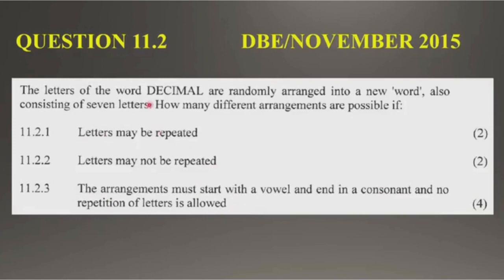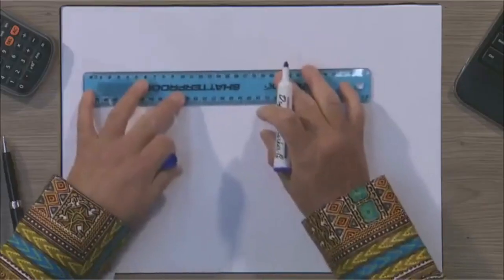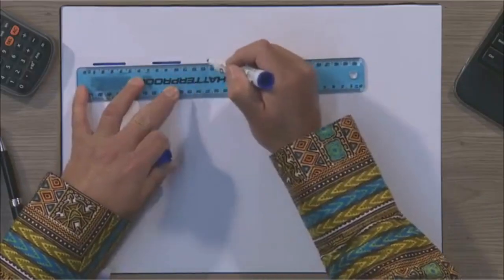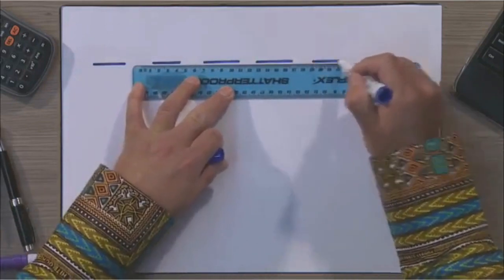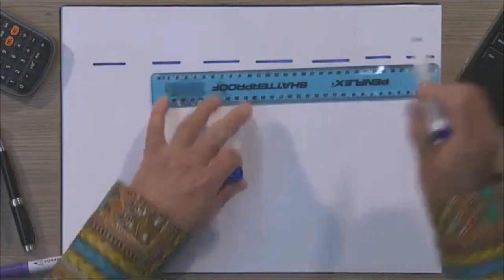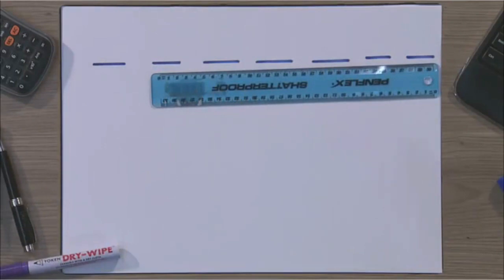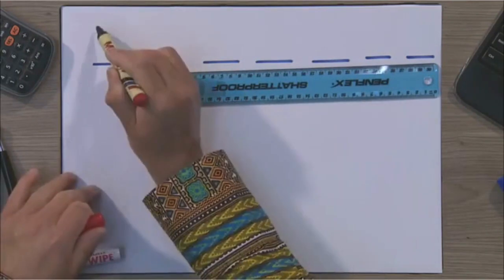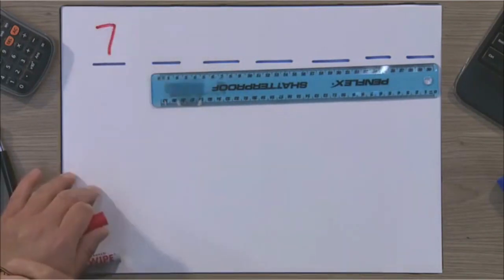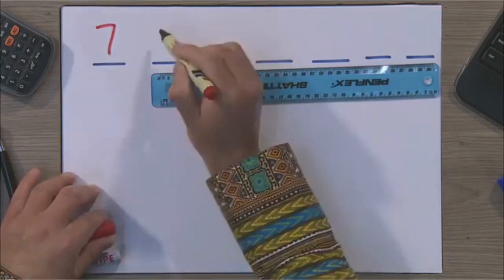The letters may be repeated. Notice the word decimal has 1, 2, 3, 4, 5, 6, 7, right? So there are 7 spaces. We just have to do it on this paper here. Now, they can be repeated. For the first place, simply 7. For the second place, 7.